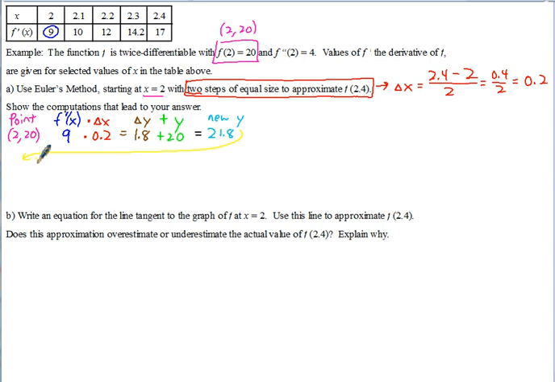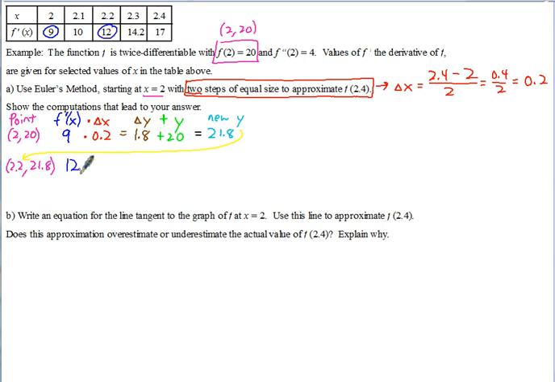There we go, the process again. So the next point, we're changing x by 0.2, that's our delta x, so it would be 2.2. And the y coordinate we figured out is 21.8. Again, we have the slope there at 2.2. You just look at the table at 2.2, the derivative is 12.